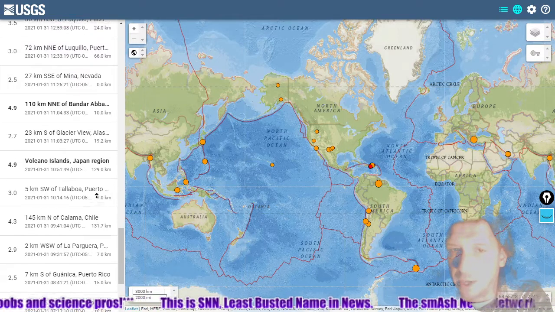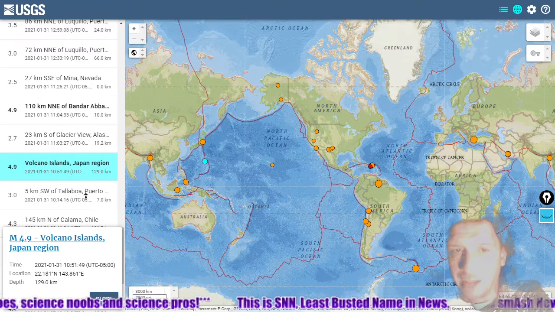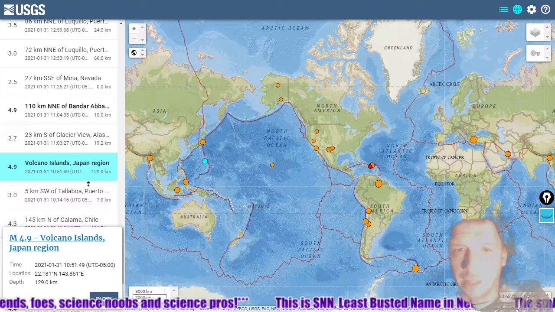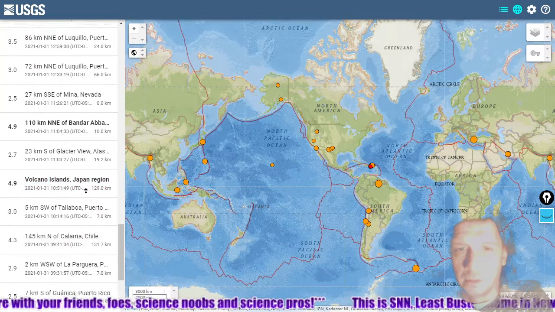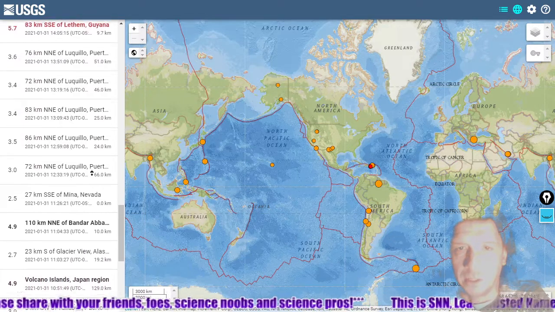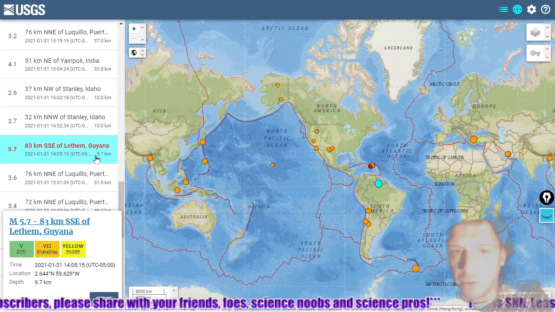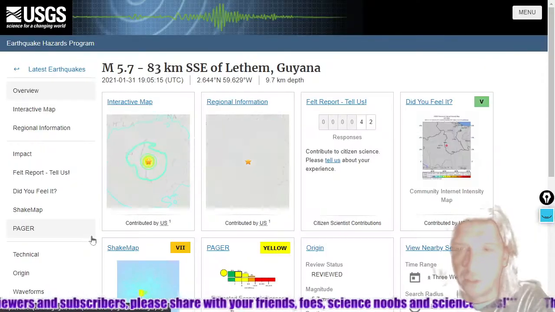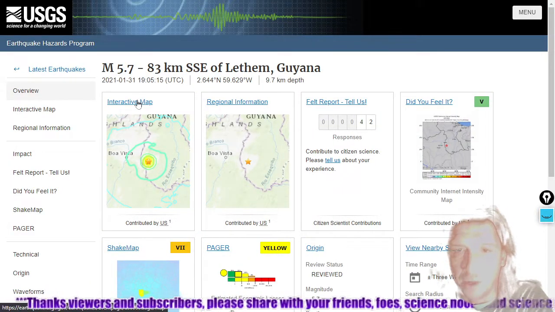And there's a deep quake in the Japan region. A 4.9 magnitude tremor at 129 kilometers depth. And let's just continue up the list here. I believe that is the largest of the past 24, that 5.7. Let's just take a look at that location, as it's quite inland and pretty much nowhere near a plate boundary.